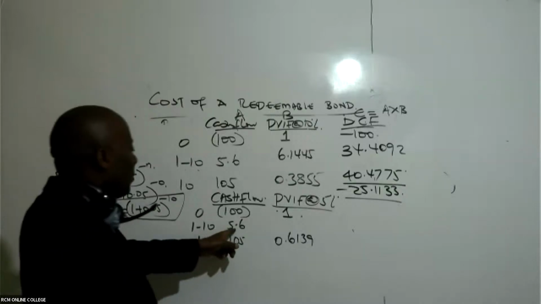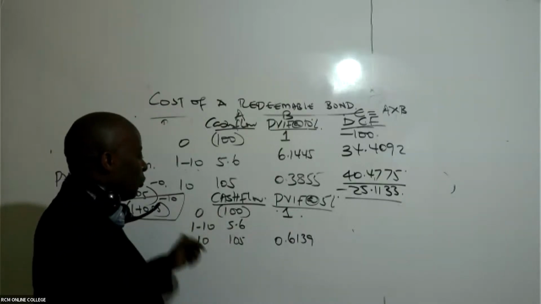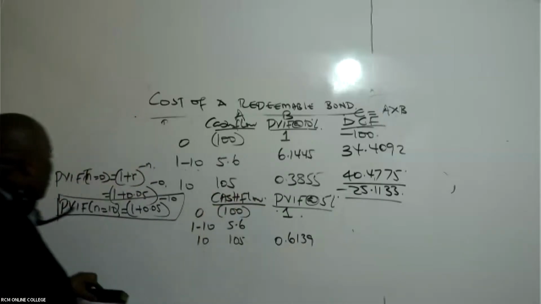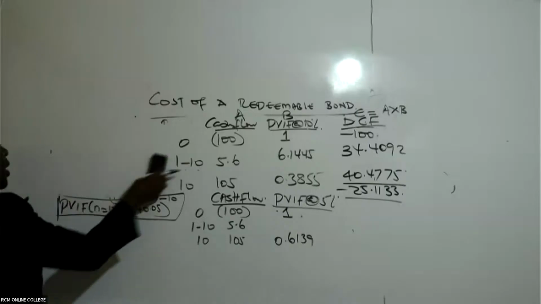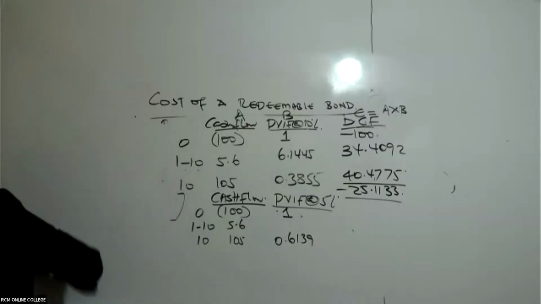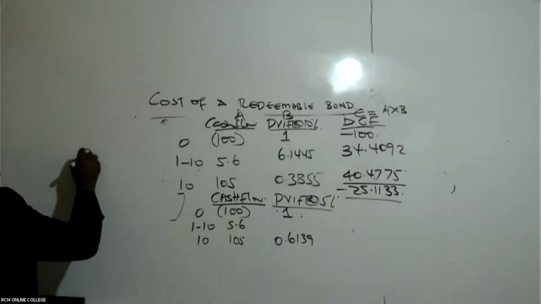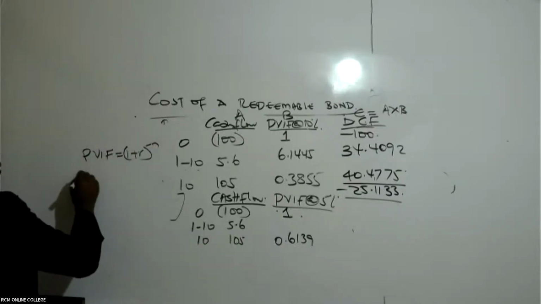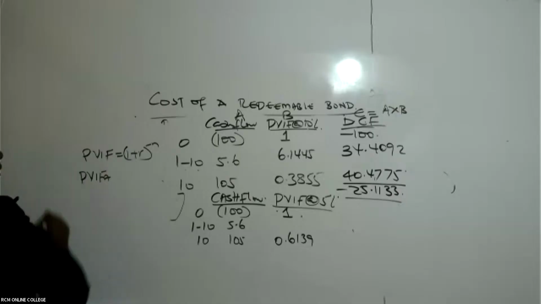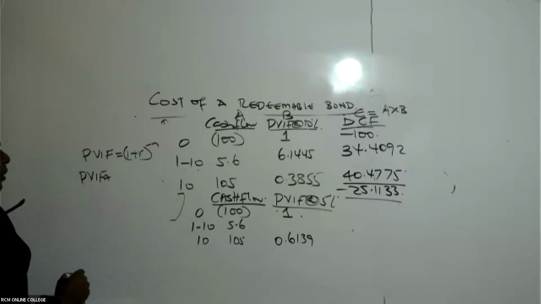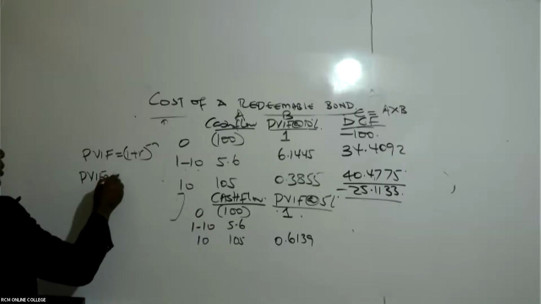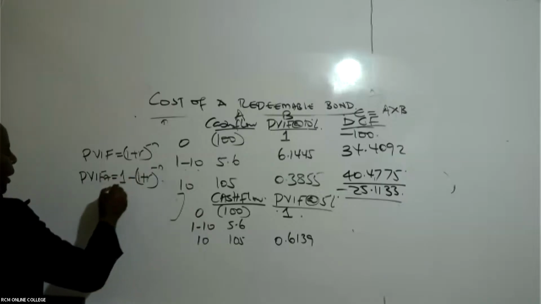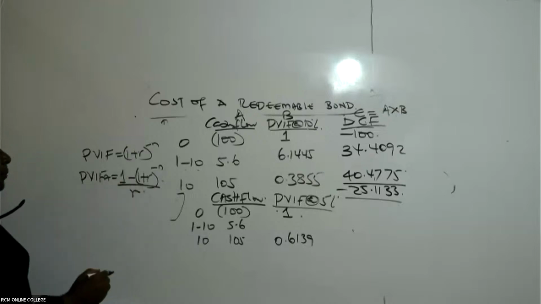Now, this 5.6, remember, is an annuity. It's a series of figures. So we shall use not PV, but PVFA. Fortunately, you guys know present value interest factor of an annuity. To get PVFA, ladies and gentlemen, we take 1 minus 1 plus r raised to negative n, divided by r.